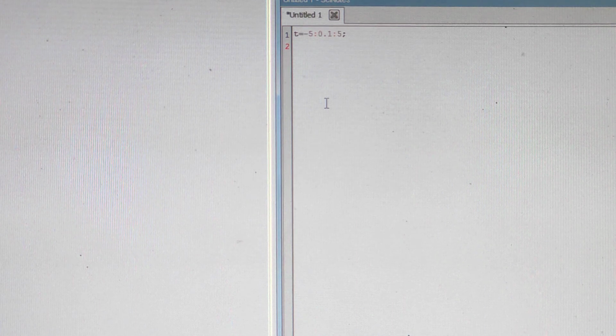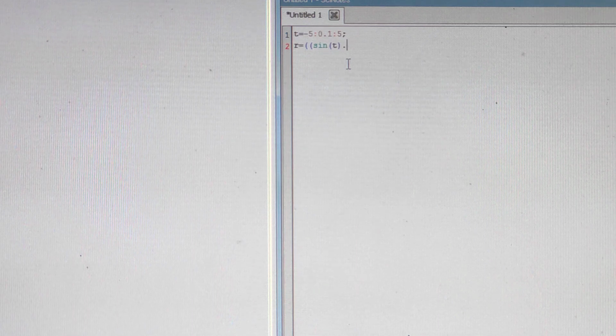Then write r. R is equal to, and please check the equation you have written in your copy. So double bracket, and I am omitting the right bracket. Okay, so sin t. After sin t, you should put a dot, that is in the new version.